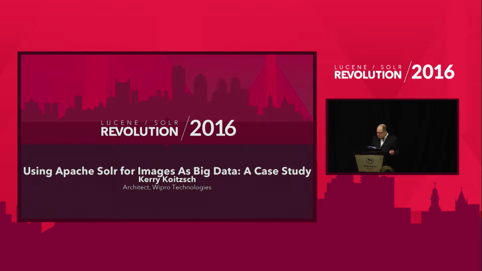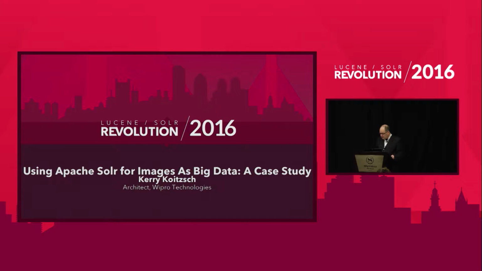The images big data approach was based on the realization that images are just another kind of big data, and they share many of the attributes that non-image big data has. The volume may be modest. I mean, you may not be getting as many images coming in as you might, say, log entries or single lines in a log file or something like that.